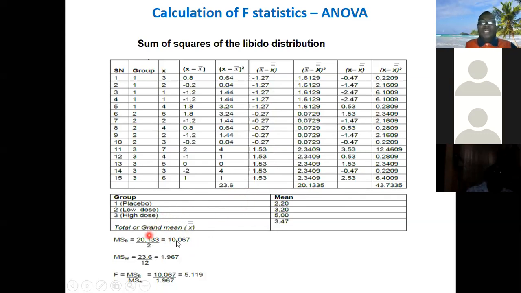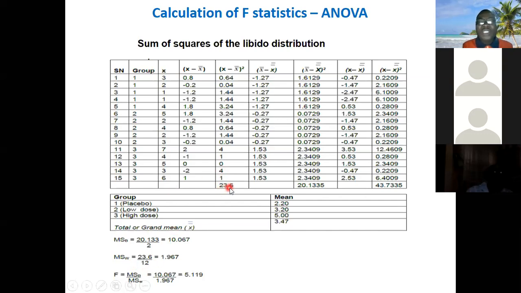That is why the variance between is the sum of squares between over the degrees of freedom, which is 2. It gives you 10.